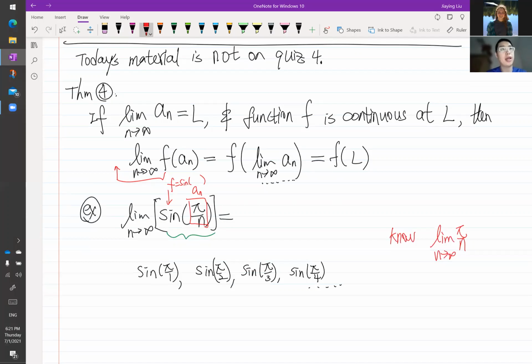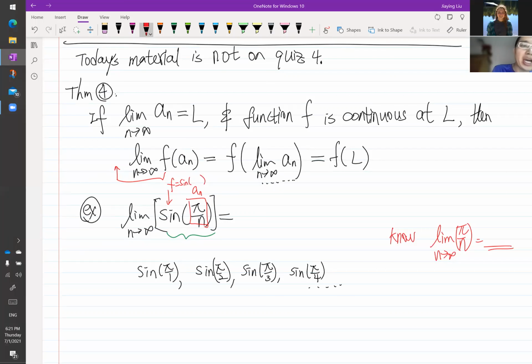That's okay to do. We've seen examples like 1 over n and we take the limit. If you have pi over n, we can still take the limit of this sequence. It's going to have a limit, some number. We can talk about that later. But we just know that sequence will have a limit. And we know sine is a continuous function, right? f equals sine of x is a continuous function.